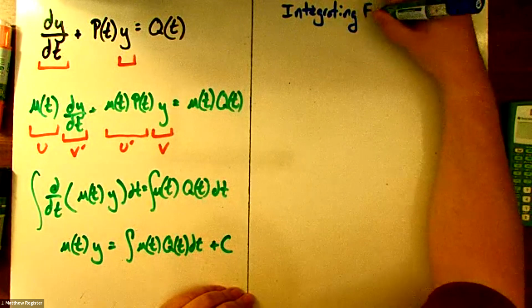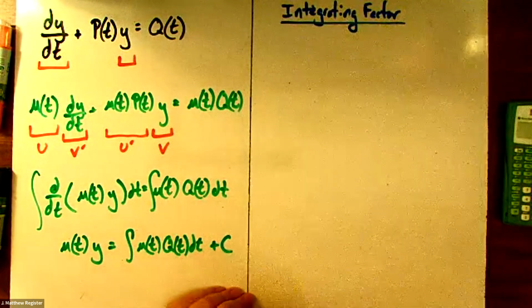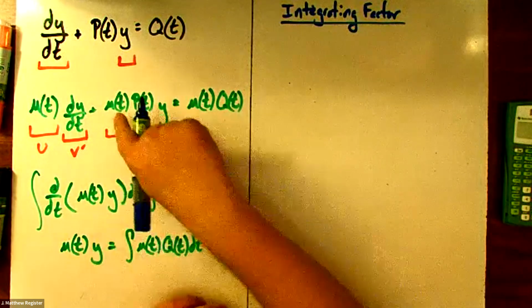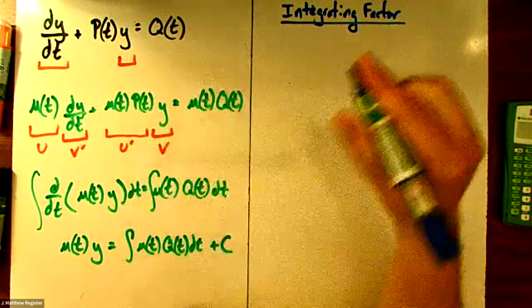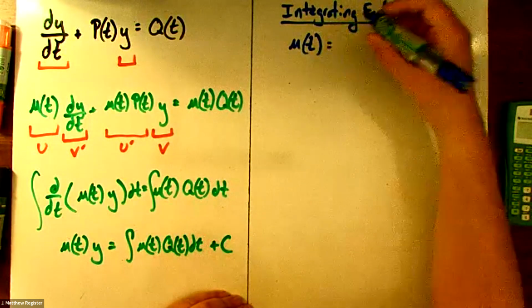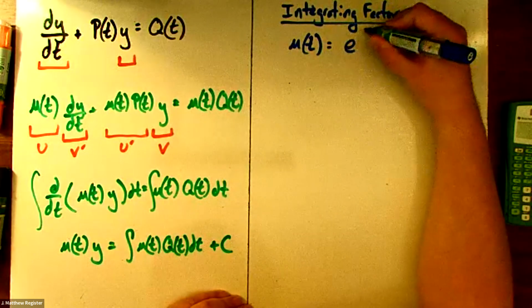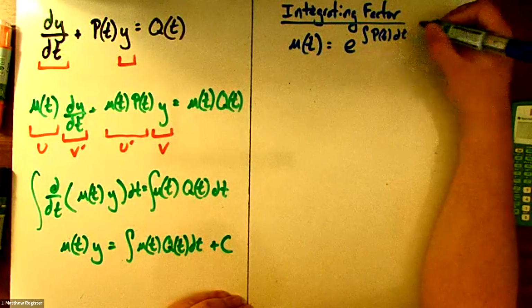The integrating factor is always just going to be e to the integral of p of t. So mu of t is equal to e to the integral of p of t dt.